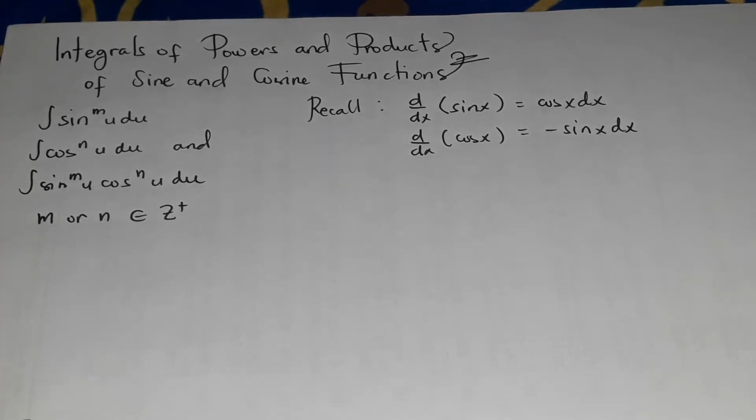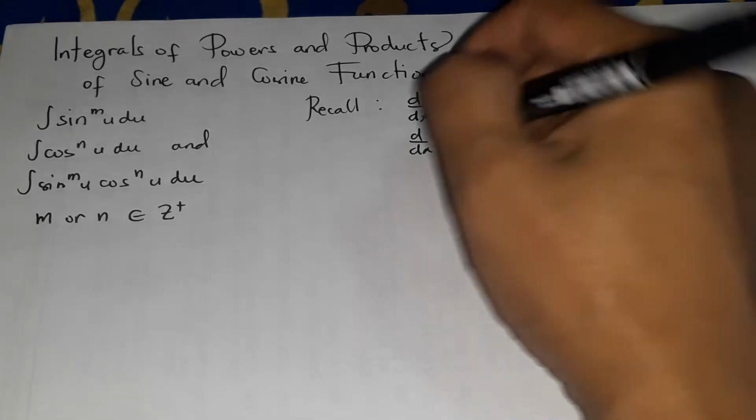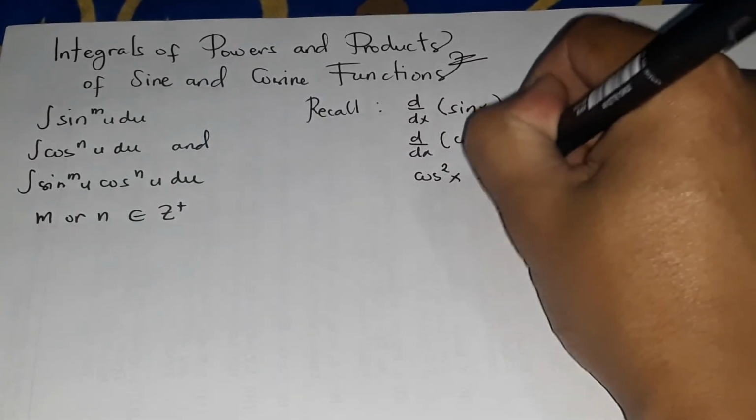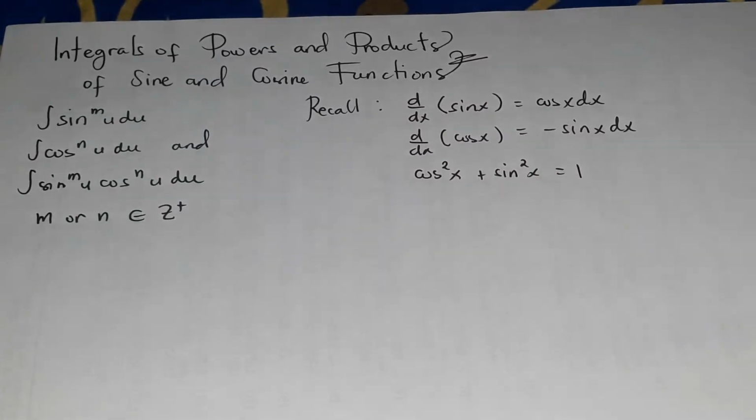Also, for this group of integrals, the most important trigonometric identity that we are going to utilize is the square identity, cosine squared x plus sine squared x equals 1, for m or n odd integers.